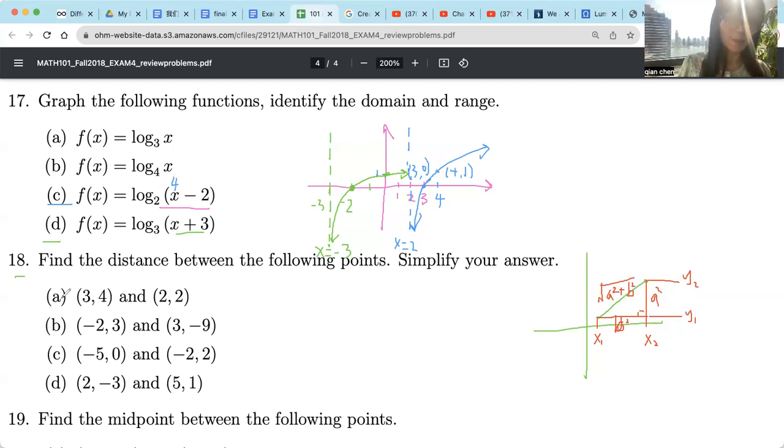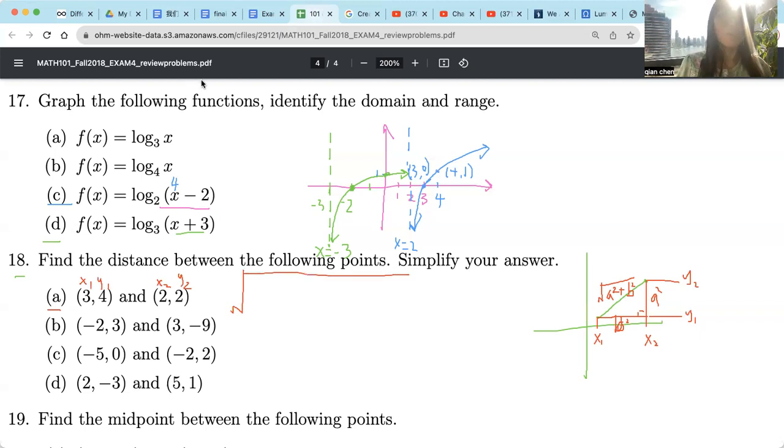So now let's see this one. I call this first point x1, y1. I call this second point x2, y2. Then I just do square root. I use Pythagorean theorem.